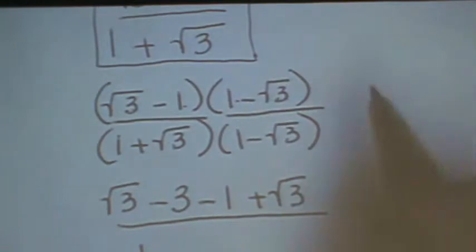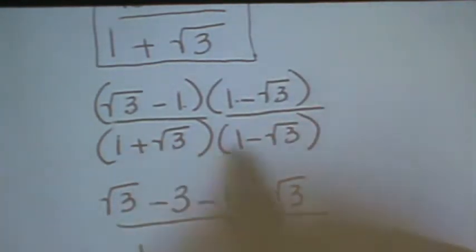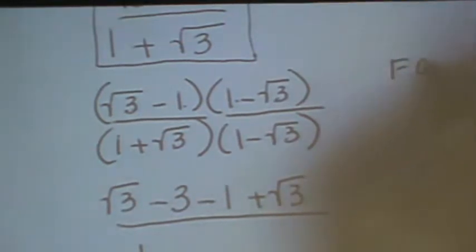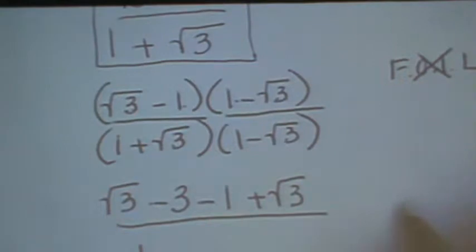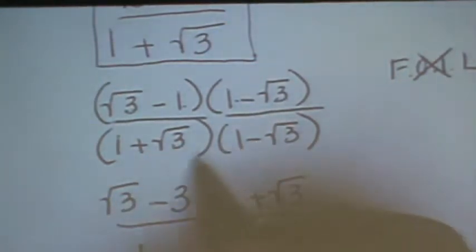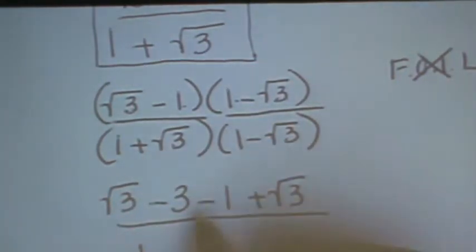Now the next two will cancel, and that's the beauty of doing the conjugate, because you don't have to do those two, they're going to cancel out, because it's the difference of two perfect squares. So now what's root 3 times root 3 would be 3, and it's always a minus sign here.